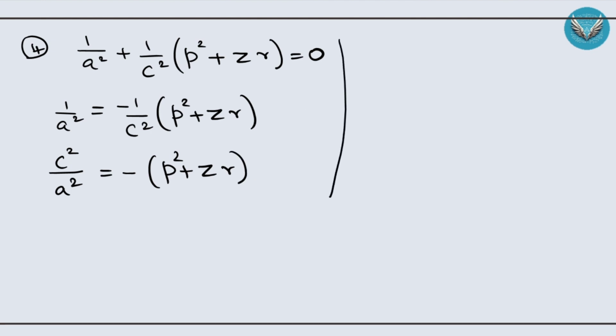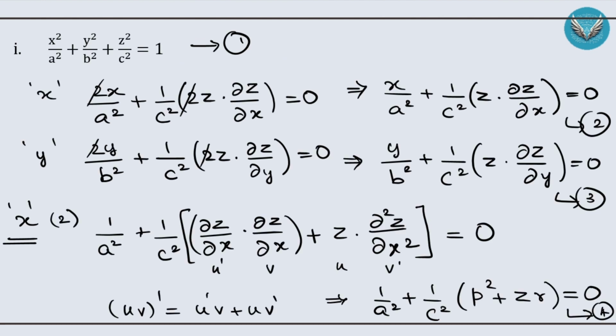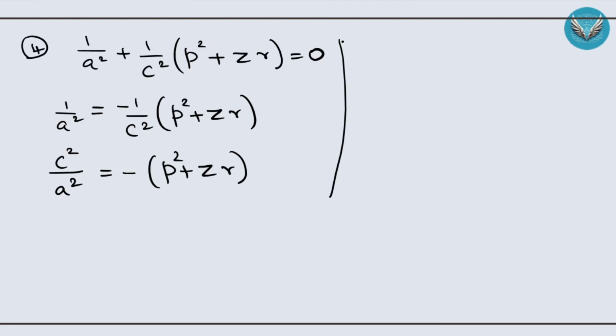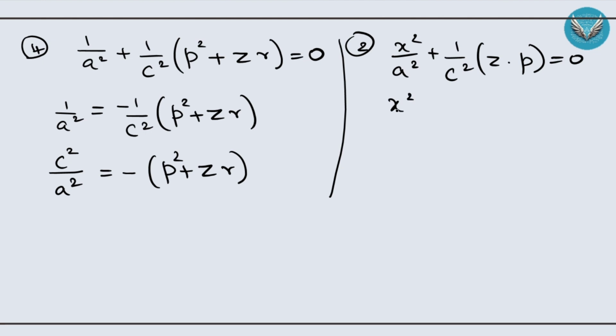Similarly, from equation number 2, which is x square by a square plus 1 by c square into z into p is equal to 0, x square by a square can be written as minus 1 by c square into z into p.